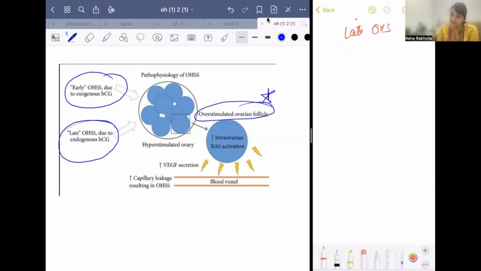And what will happen? In the hyperstimulated ovarian follicle, RAS inside the ovary becomes highly activated. This leads to increased production of angiotensin 2, which plays a role in vascular permeability and inflammation.